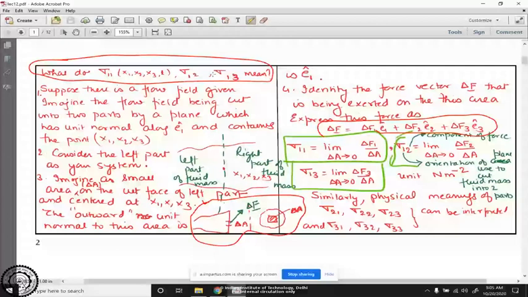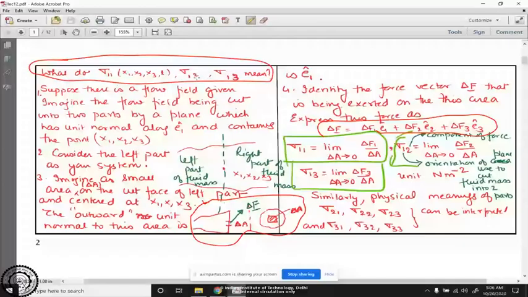And here in this slide, I'm trying to explain what these 3 components mean: sigma 1,1, sigma 1,2, and sigma 1,3. Once you understand the definition of these 3 components, I'm sure you can extend that understanding to explain other components like sigma 2,3 or sigma 2,1, and so on.